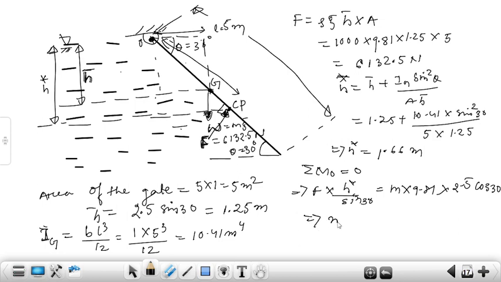So by solving this, we get mass is equal to 9618.93, which is the closest approximation to the 9625 kg.